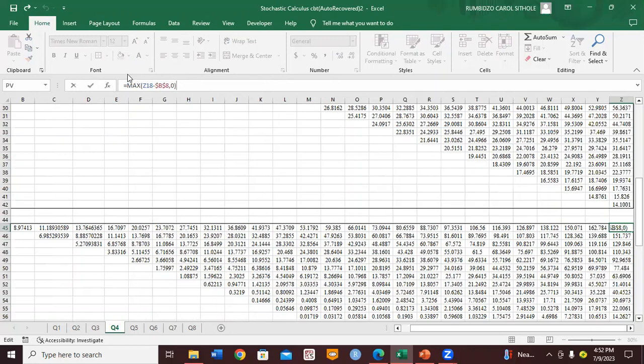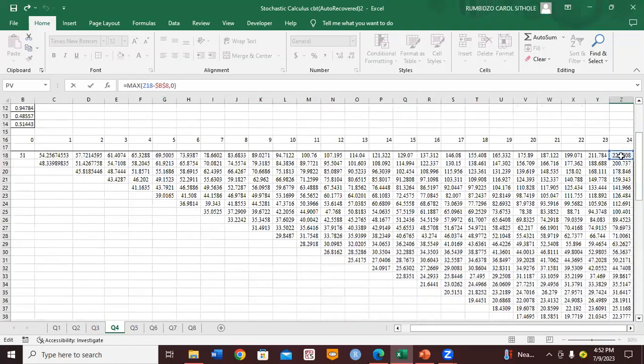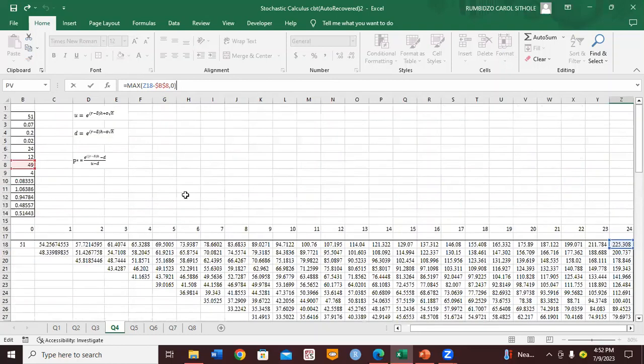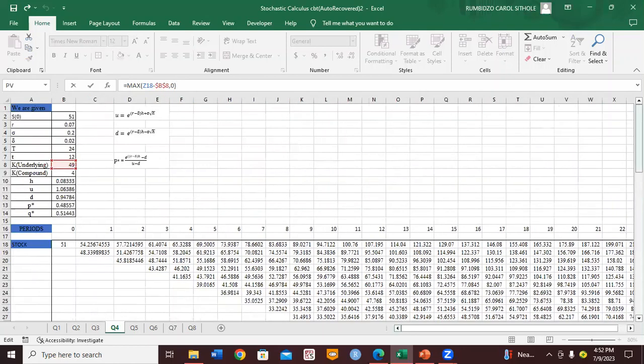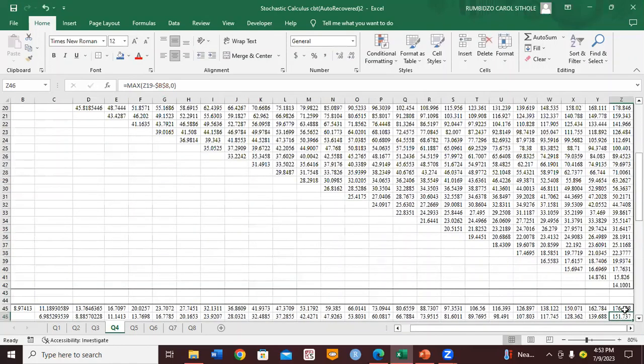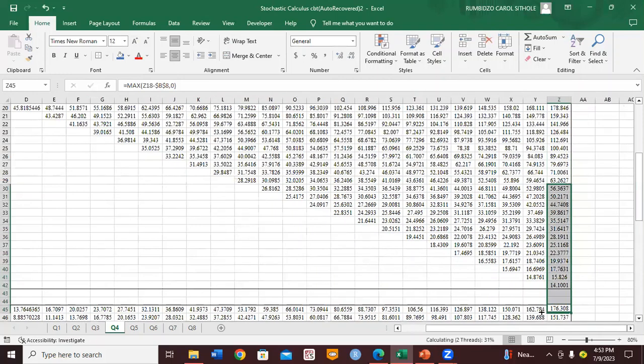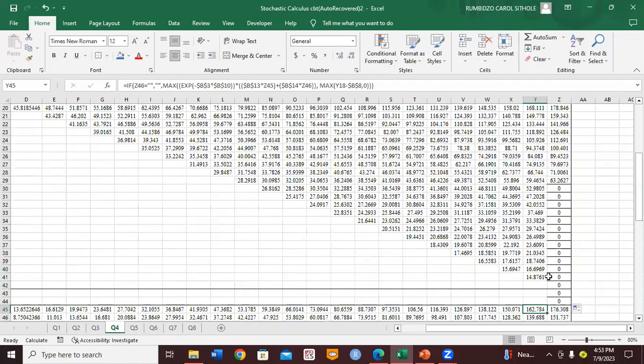So we'll want the maximum of Z18, which is our stock here at period 24, minus the strike price of the underlying option. The underlying option strike price is 49. You click enter, then you double click on the plus sign, and it will calculate for all the periods on 24.